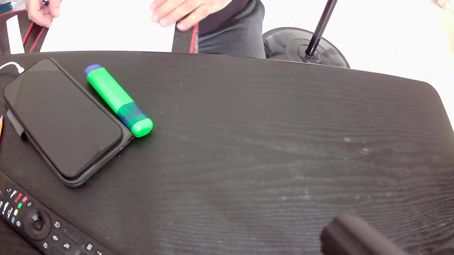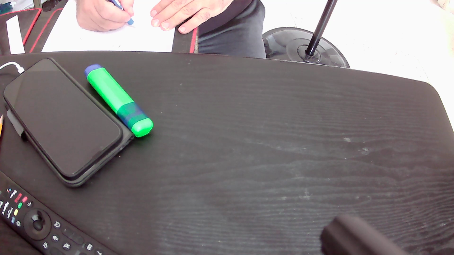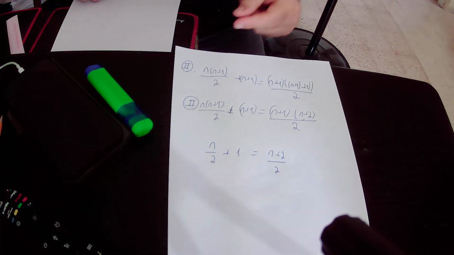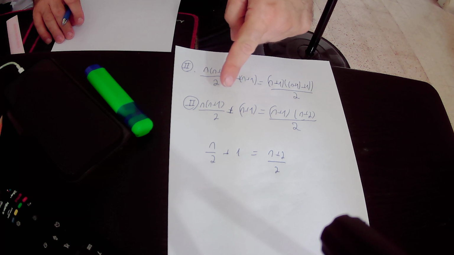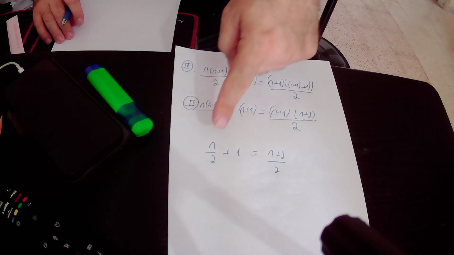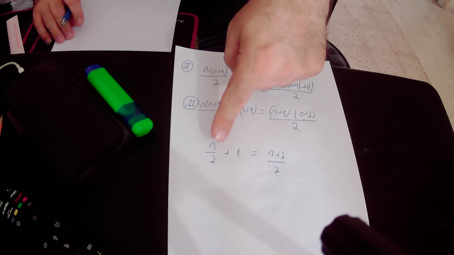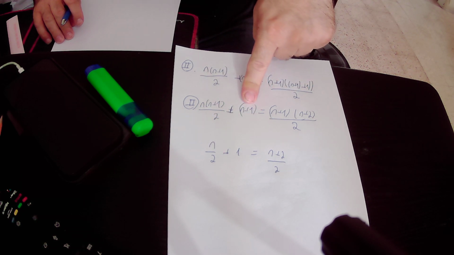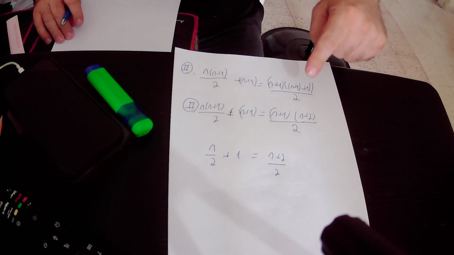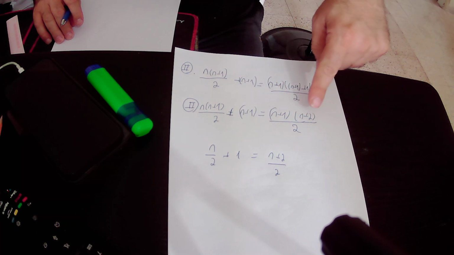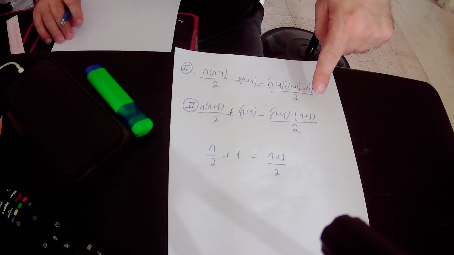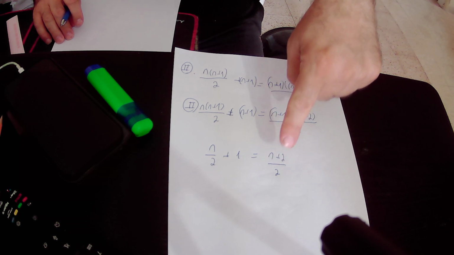Okay? So after we divide both sides of the equation by n plus 1, we got here what is left, that n divided by 2, and n plus 1 divided by n plus 1 is 1. And here we divided this expression by n plus 1, so what is left is n plus 2 divided by 2.